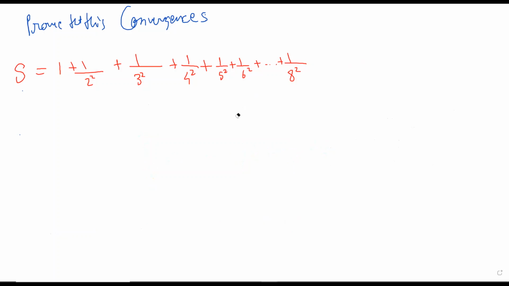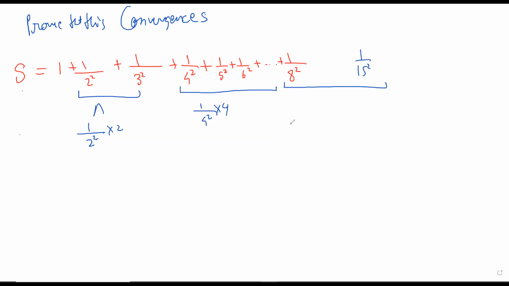So the standard way, I think, is they group this, and this is less than the powers of 2's, which basically makes it easier. So this is less than 2 times 1 by 2 square, right? Then you go from 4 square to 7 square, and that will be 4 times this. Then you go from 8 to 15.